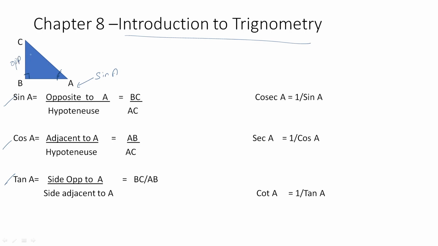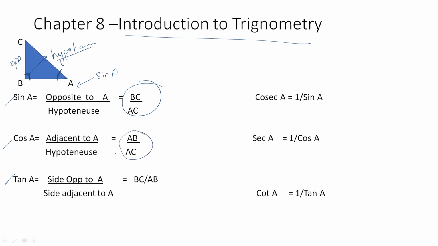For angle A, BC is the opposite side, and this is the hypotenuse. The hypotenuse is the side opposite to the right angle. Wherever an angle is 90 degrees, the side opposite to it is the hypotenuse. So opposite by hypotenuse is BC by AC, that is sine A.